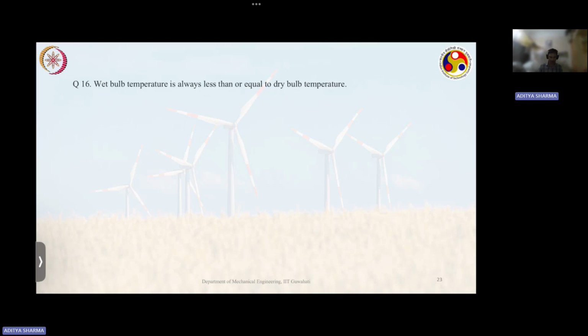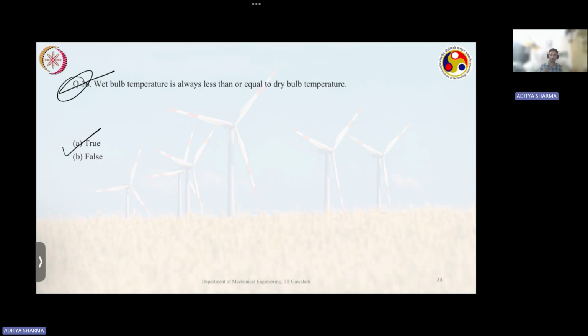Then the last question of the session, which says that wet bulb temperature is always less than or equal to dry bulb temperature. So this is also a true statement. We have seen in our discussion that wet bulb temperature is less than dry bulb temperature because of evaporation.